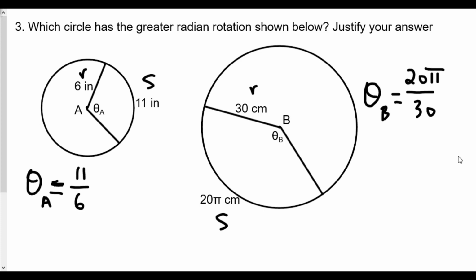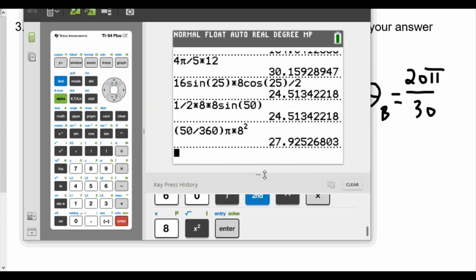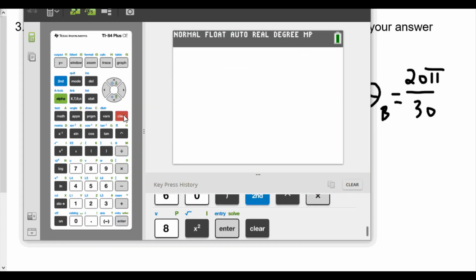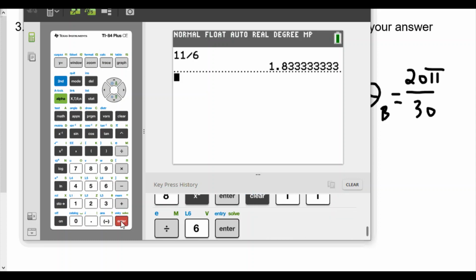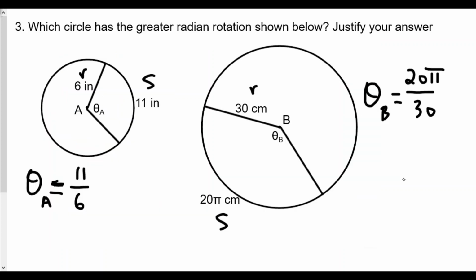So now what we'll do is we'll try to get decimal values to compare the two of them. And so here, break out a calculator. All right, okay, stuff from last time, so clear this. And so we'll do 11 divided by 6. And so we're going to get 1.83 bar radians.